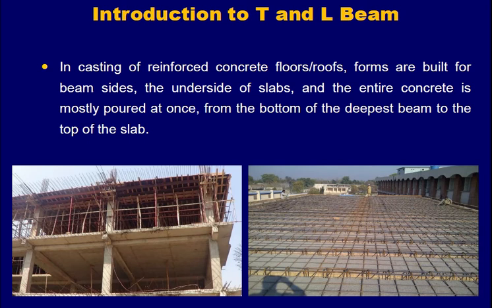This is the basis for reinforced concrete structures, and we make sure that the concreting of the slab and beam is done simultaneously for better performance and bonding of the concrete, and also to avoid a construction joint within the element or member.